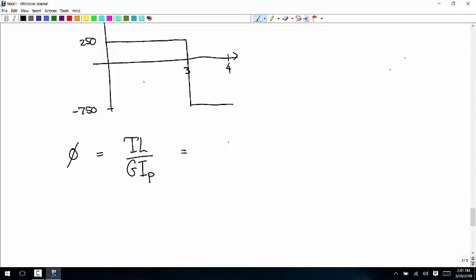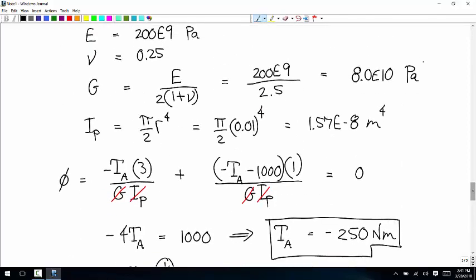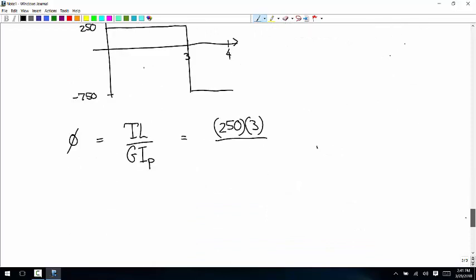So this is going to be 250 times the length of 3 divided by 8 times 10 to the 10th times 1.57 times 10 to the minus 8.